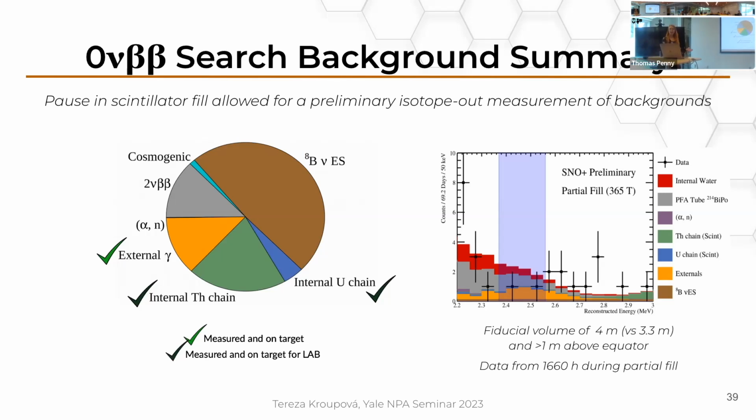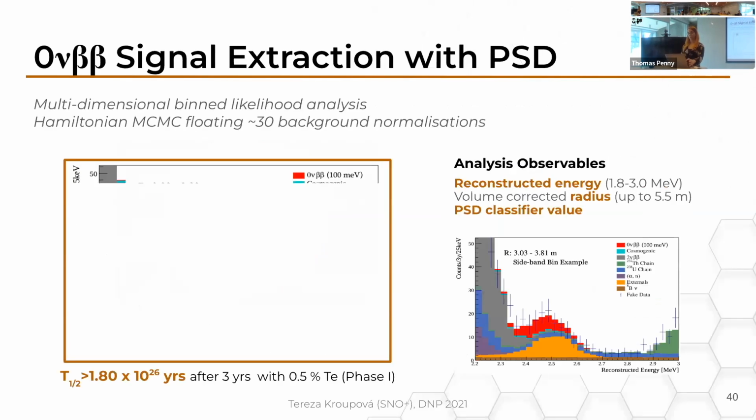We understand the two-neutrino double beta background because we know what the half-life is. That has been measured, and nothing is going to change on that. And of course, we know the flux of the solar neutrinos. So really, we are in pretty good shape to trust this pie chart in terms of our predictions.